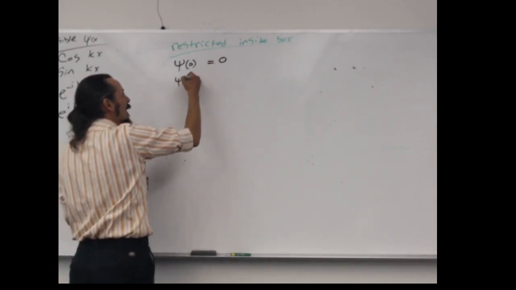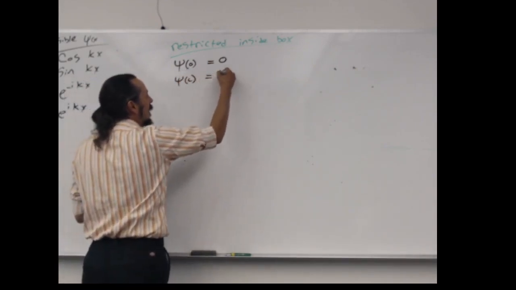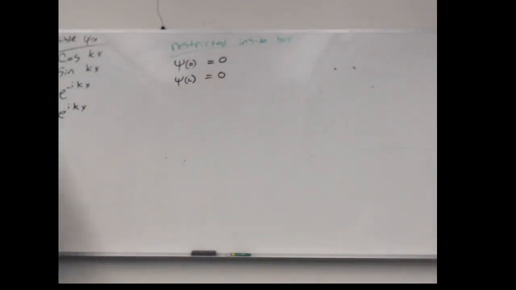Psi of L, the other side of the box, has to be equal to 0. That's to make it continuous. Since we know the particle value is 0 outside of the box, it has to be 0 at the edge of the box to make it continuous, so we don't have weird jumps. So we've got some restriction on our function.